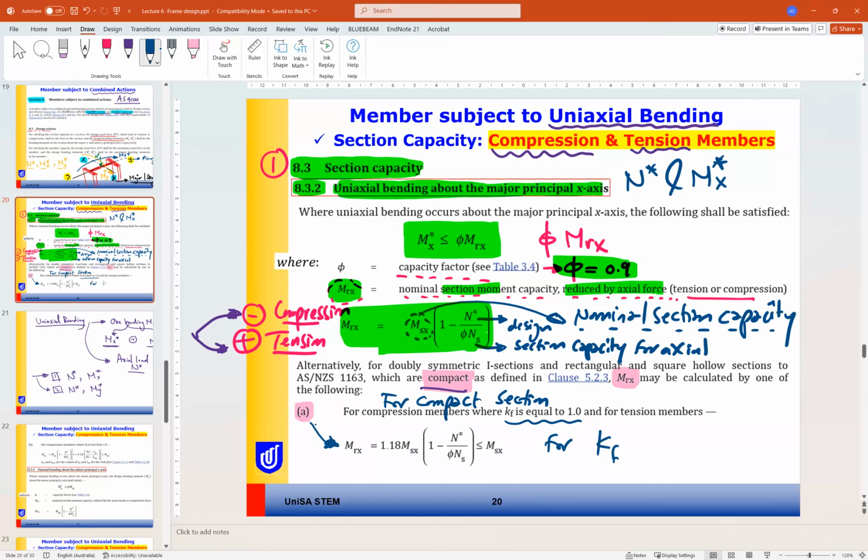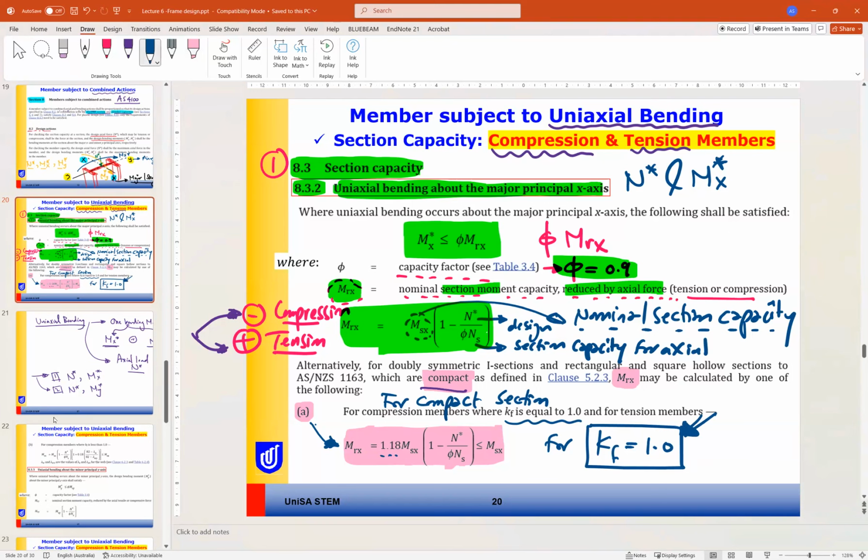So for Kf, the form factor is 1, we can have Mrx equal to 1.18 Msx multiplied by 1 minus N asterisk divided by phi Ns, less than or equal to Msx. This is only for Kf equal to 1.